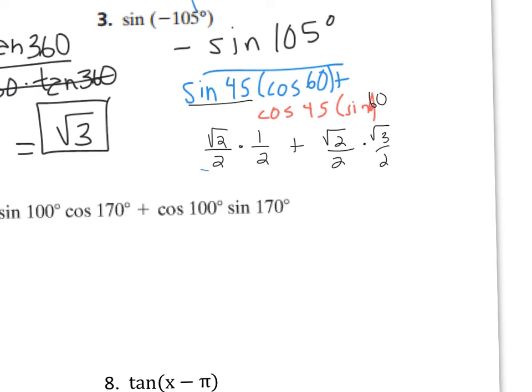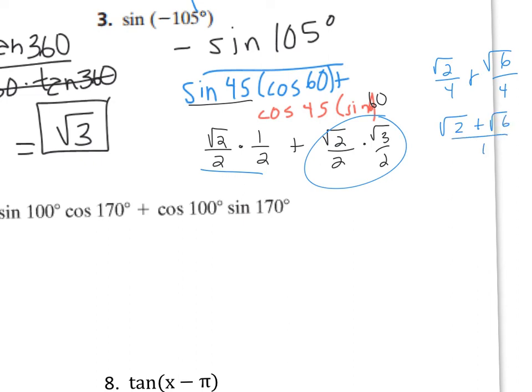So this first part's going to turn into root 2 over 4, and the second part is root 6 over 4. So you can't combine these together, but just write root 2 plus root 6 all over 4. And remember, it was the opposite because of what we did initially in the beginning.